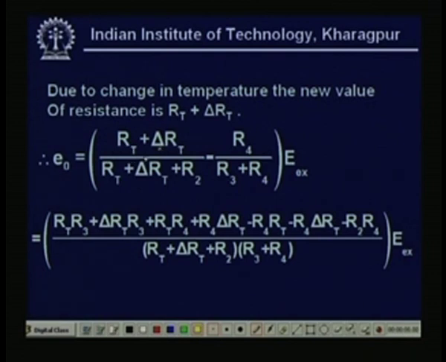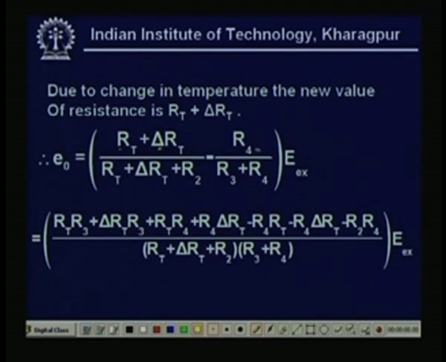This is due to temperature change, RT is replaced by RT plus delta RT in these equations: RT plus delta RT upon RT plus delta RT plus R2, minus R4 upon R3 plus R4, multiplied by the excitation EX.